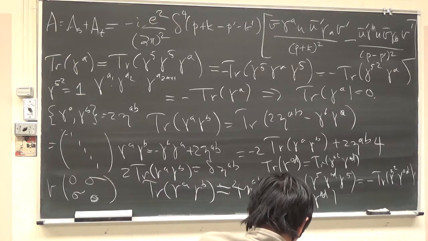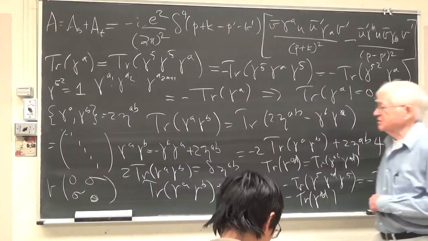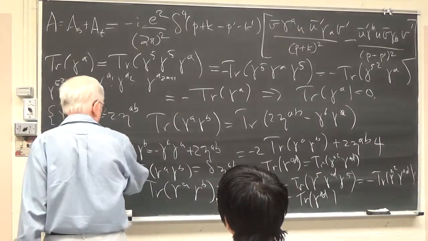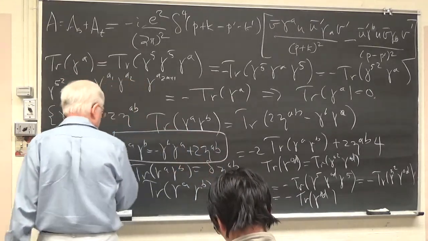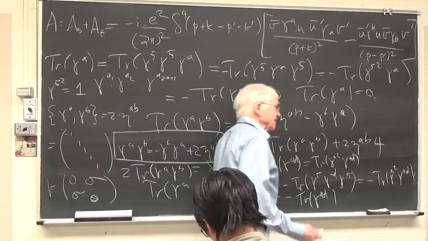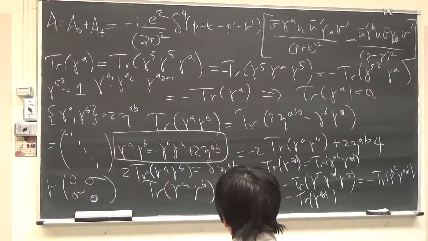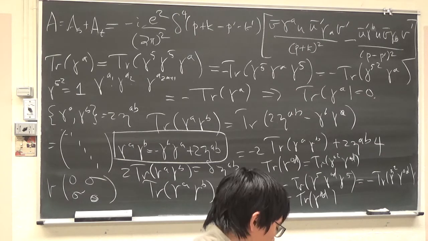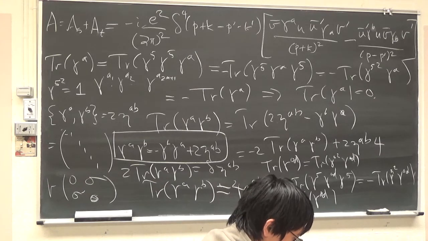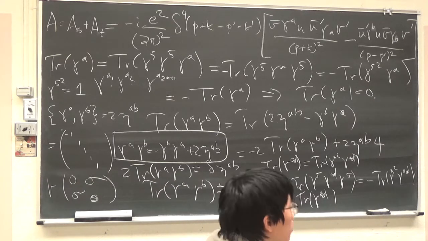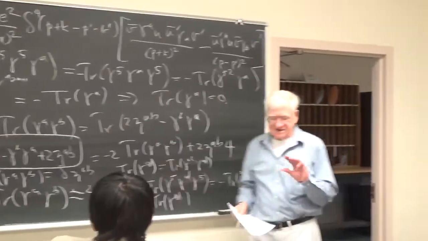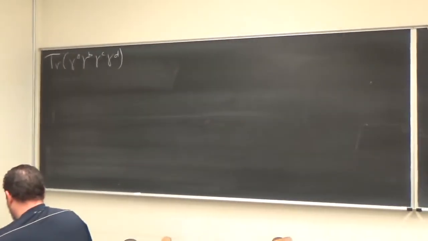Now, to find the trace of 4 gammas, which is really important, we're going to use this relationship several times, namely the fundamental anti-commutation relation for gammas. So we start out with trace of gamma A, gamma B, gamma C, gamma D. And once again, I'm only talking about ordinary gammas in 4-dimensional space, gamma 0, gamma 1, gamma 2, gamma 3.